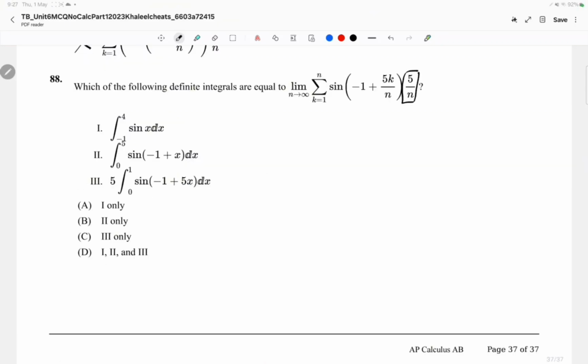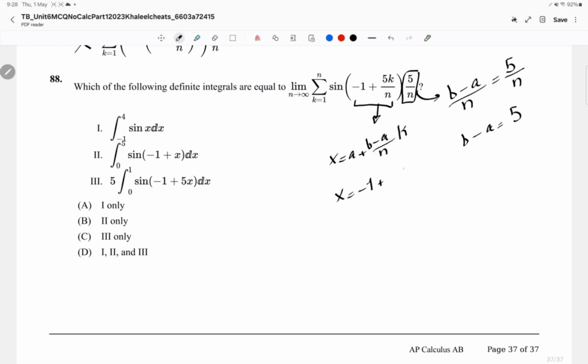Okay, so here we can use this to say this is B minus A over N. That means I must have 5 over N. That means B minus A is equal to 5. Okay, and if this would be my x term, so I'm going to say x is equal to a plus b minus a over nk. So x is equal to negative 1 plus 5 over nk.